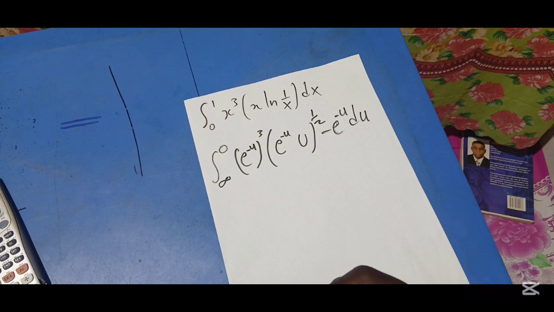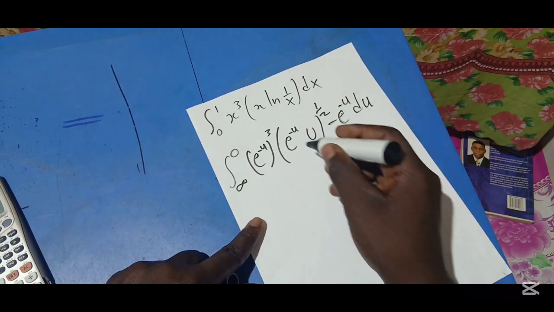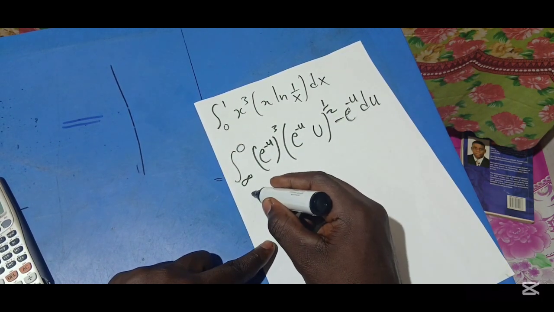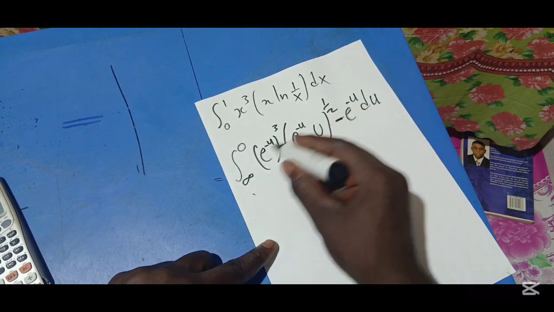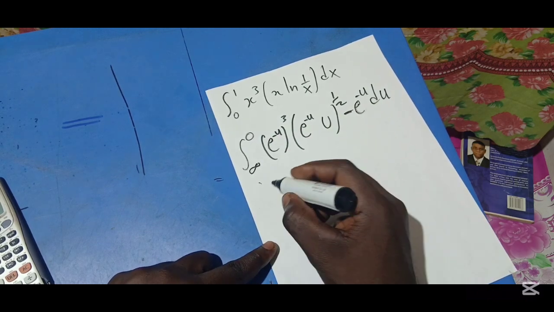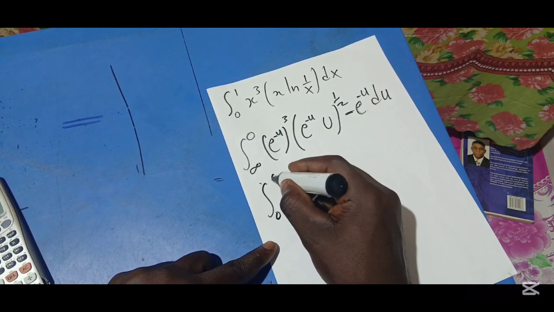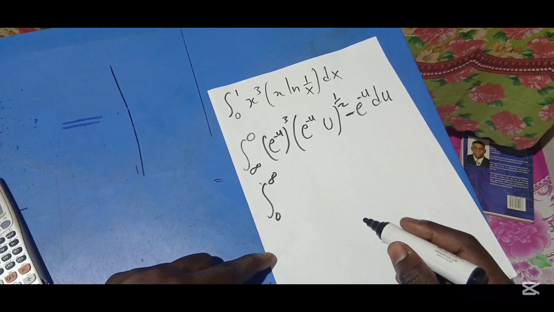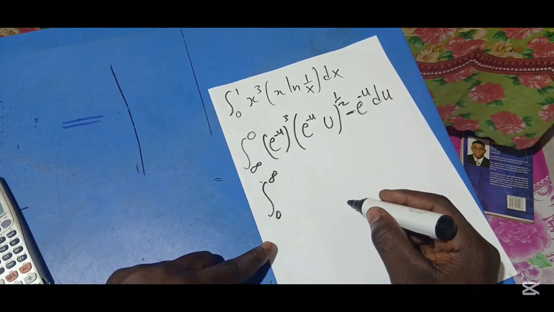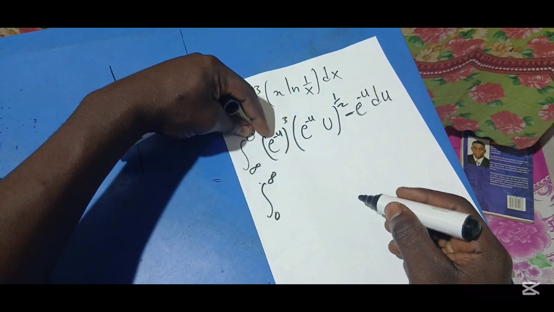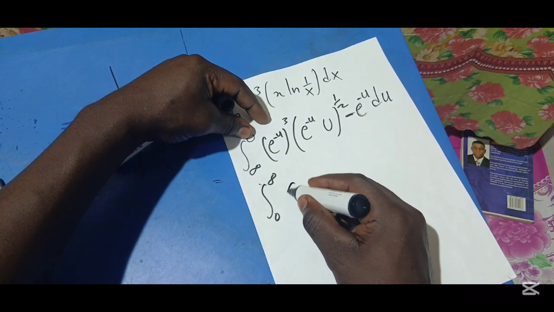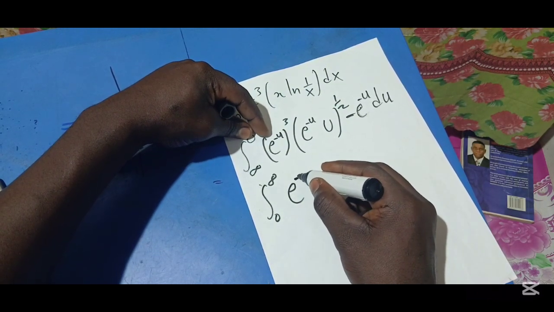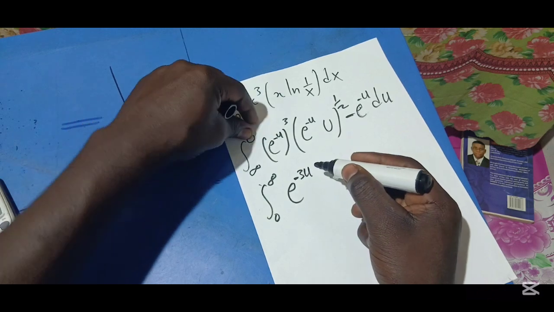So if we simplify this further, because of the negative sign here, we can actually flip the limit. So the limit goes from 0 to infinity, now that we are in the zone of gamma functions. This power here is affecting e to the power negative u, so we are going to get e to the power negative 3u, just multiply through.